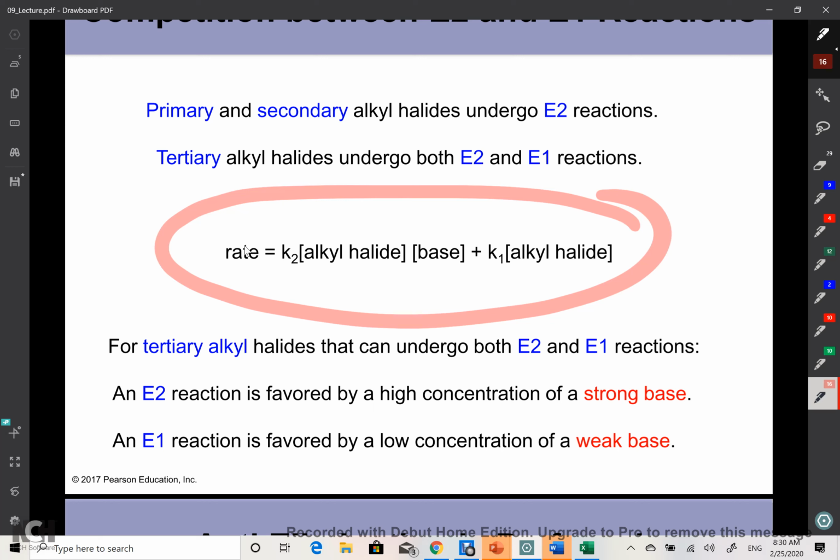Okay? Most of these bases that you see with a negative charge, chances are that they are strong bases. OH minus, NH2 minus, and so on and so forth. And the E1 will be favored if you have a low concentration of a weak base. Most weak bases are neutral in nature. Water, for example, is a weak base.